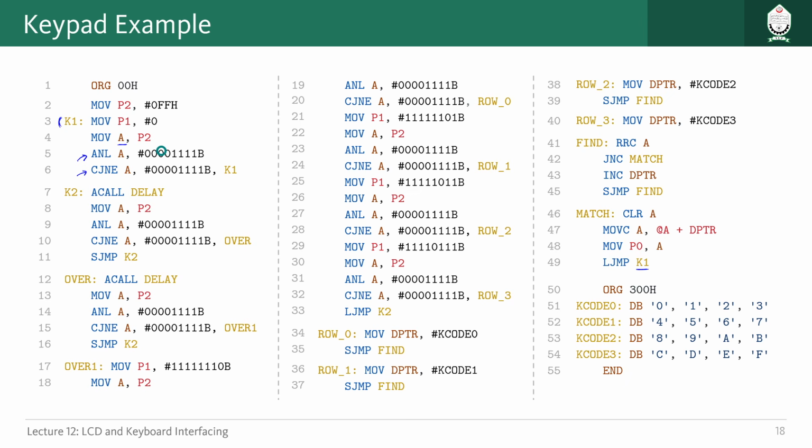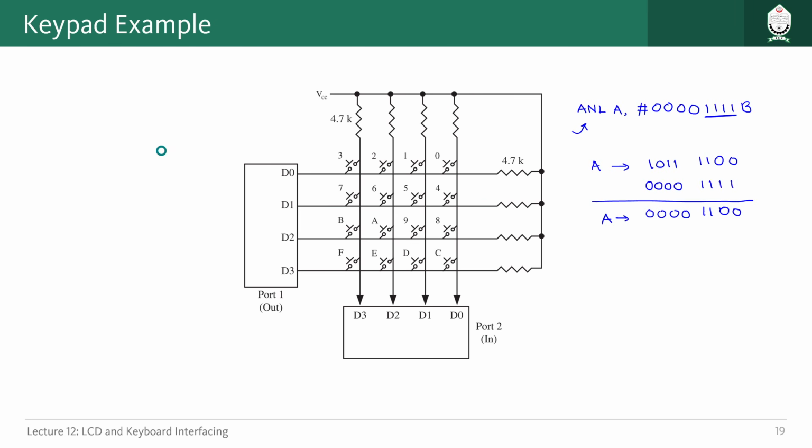So first of all, we will make all the rows 0 and then look at the columns. If any of them is not 1, let's say for example if I get some value like that, that means a key is still pressed, not released, so we still have to wait for that key to be released, and then we can move on to identification of the next key press, right?